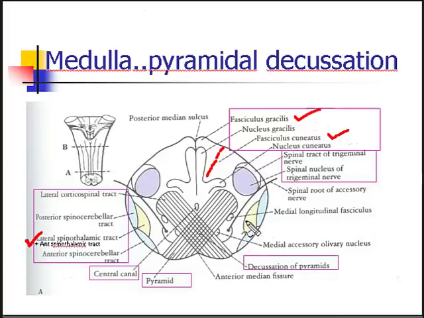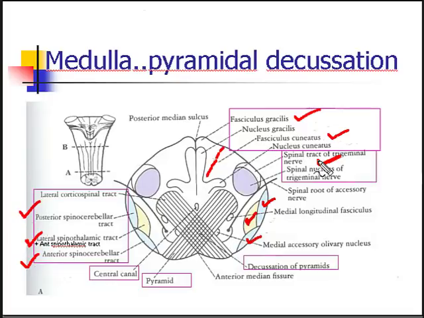Then we have the spinocerebellar tracts. Remember, they were present on the lateral aspect. So we have the posterior and the anterior spinocerebellar. This is the posterior, that's the anterior spinocerebellar. These were all in the spinal cord and they are just going up. The only addition that we have here at this point is the spinal tract of the trigeminal, because as I showed you from that image, this was where it was being formed.